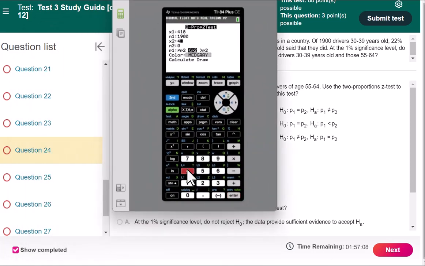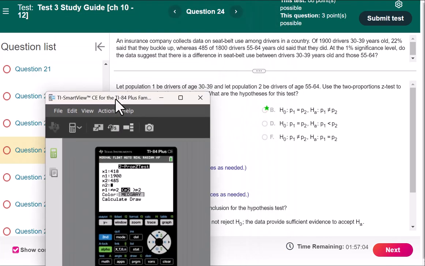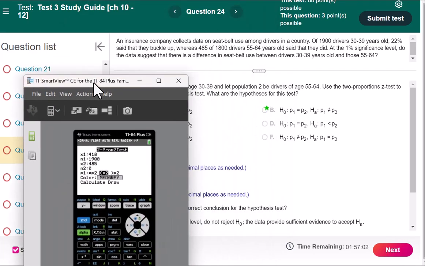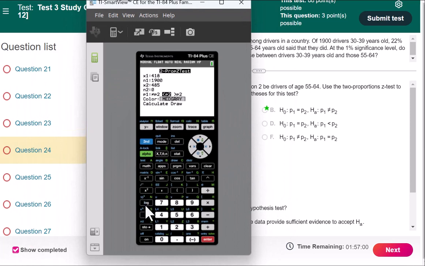So he gives me X, 485, of 1,800. We need to check that P1 is not equal to P2. And here you go. Z is negative 3.49, 3.5. And look at the p-value. It's very small, guys. E minus 4.